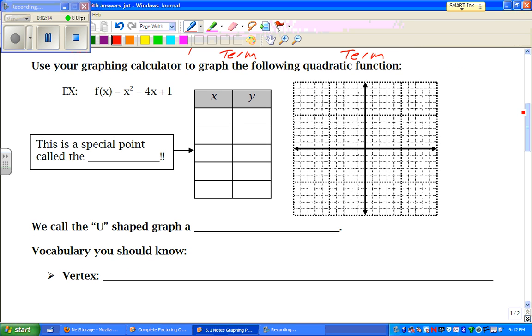Now it says use your graphing calculator to graph the quadratic equation. I'm going to give you about 30 or 40 seconds to go ahead and graph this on your calculator, just so we can see what's actually happening. Take your calculators out, graph it, and let's take a look at it.